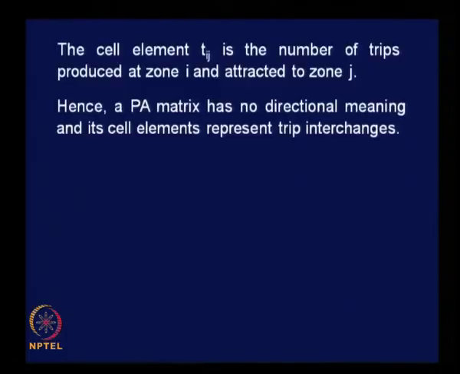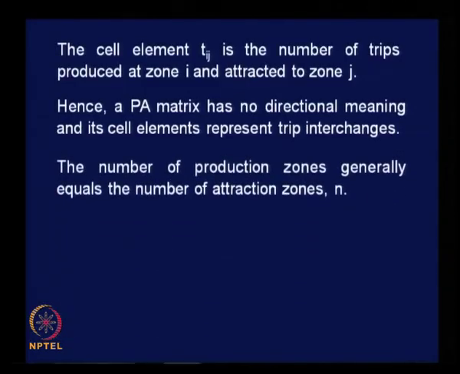You cannot find out the direction of movement by looking at a PA matrix. It just gives you information about the total number of trip interchanges between zonal pairs. There is no information provided with regard to the direction of movement. So this has to be understood very clearly, and the number of production zones generally equals the number of attraction zones in practice.